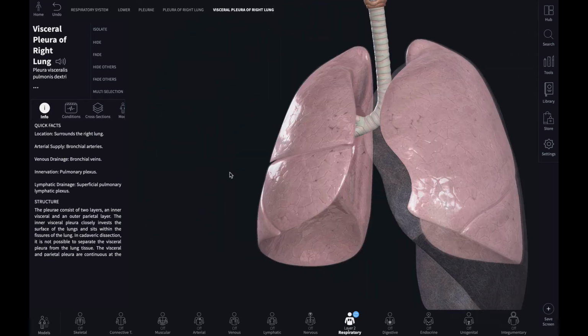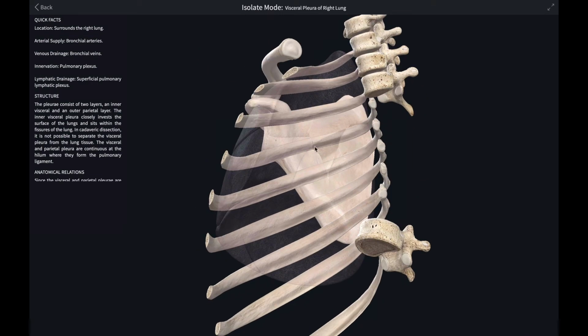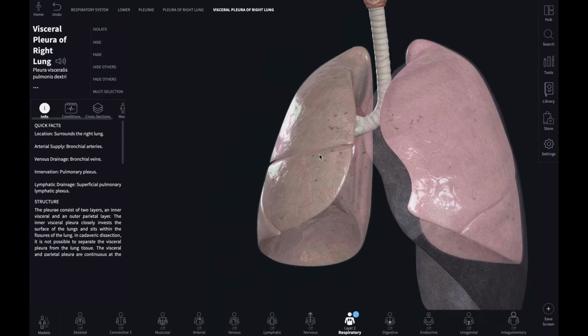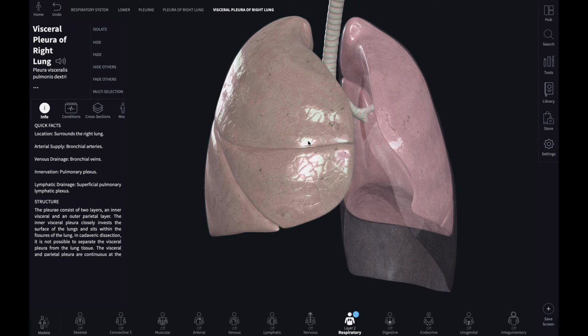The visceral pleura runs in between the fissures. So when you open the thoracic cage and hold the lung, you are holding the visceral pleura.